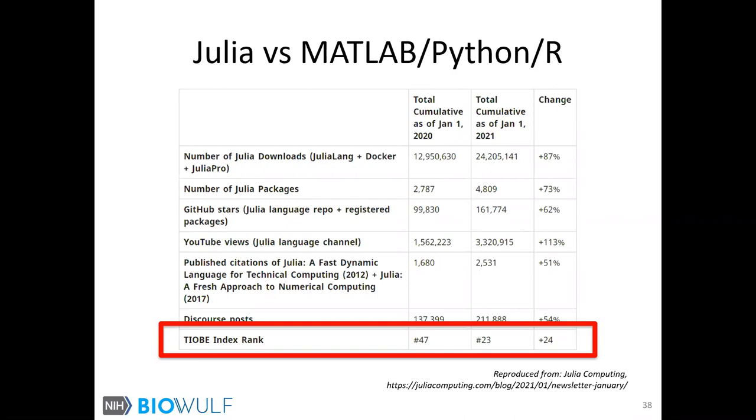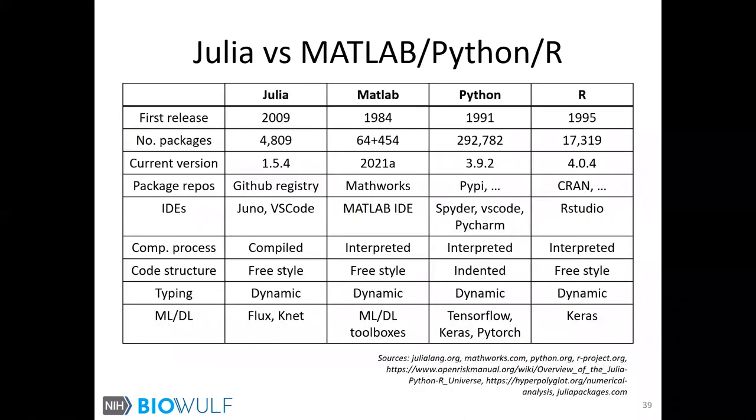So a change of 24 in the ranking. That's pretty big. So it's looking good in the past year. So if you are considering using Julia, even if it's not as your main language, this is something to think about.